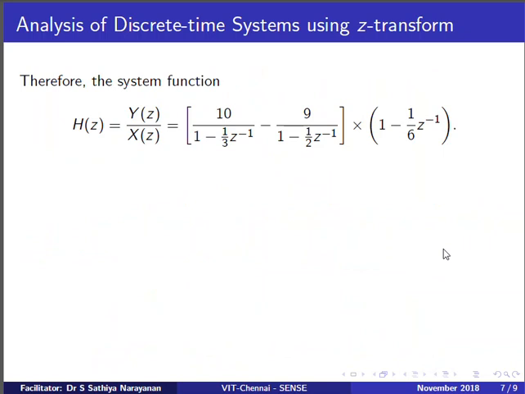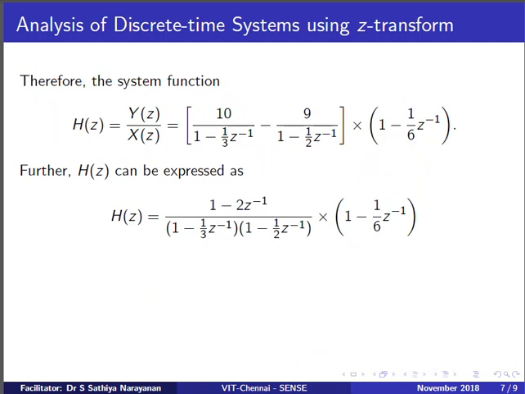Next. We have Y of z and X of z, so straight away we can write H of z. H of z is just the ratio of Y and X, so Y of z is written, and the reciprocal of X of z is written here. The next step: H of z can be expressed further.